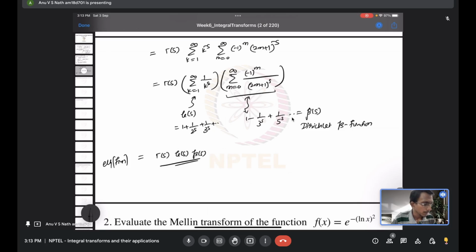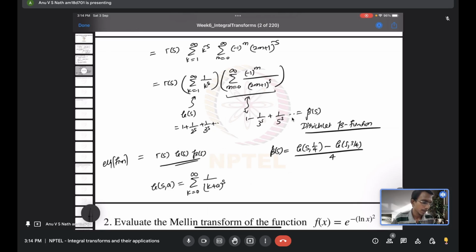When I say the Dirichlet beta function is related to the zeta function, the actual expression is beta of s equals zeta of s comma 1 by 4 minus zeta of s comma 3 by 4, the whole divided by 4, where this is a multi-valued zeta function. Now one more complication: zeta of s comma a is known as the Hurwitz zeta function, which is basically the same, just with a shifted summation.